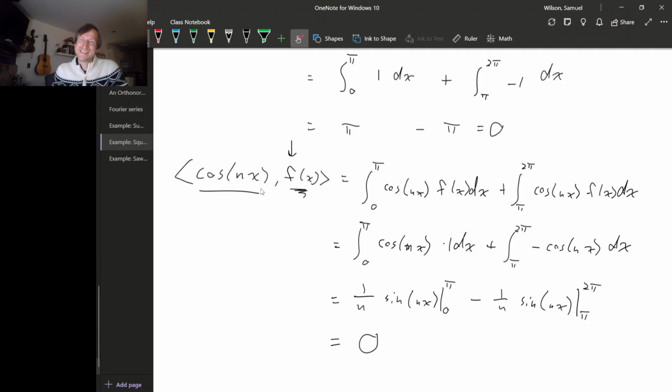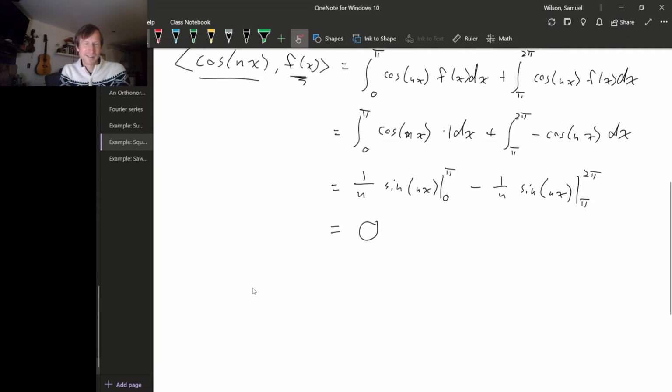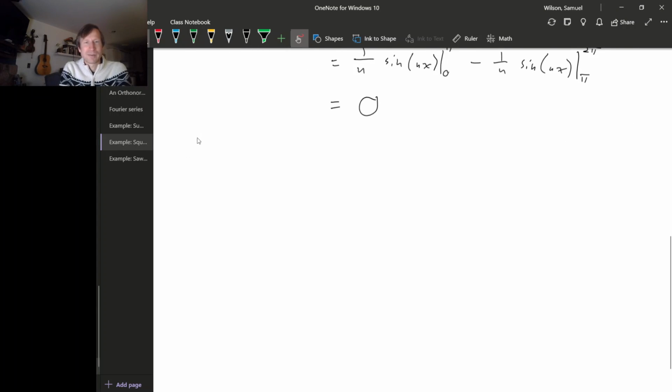Well, it has to have some non-zero components, because otherwise it would be the 0 function, which it's not. So we need to go looking in the sine basis functions to find non-zero inner products. So let's find the inner product of our function with sine nx.